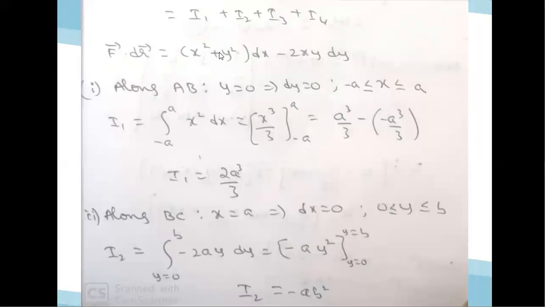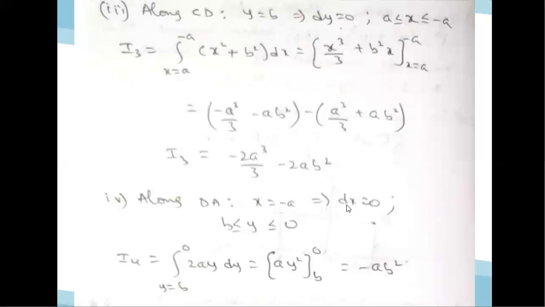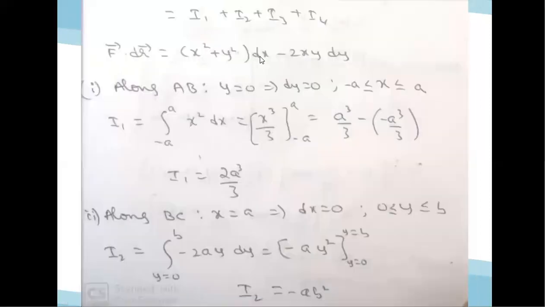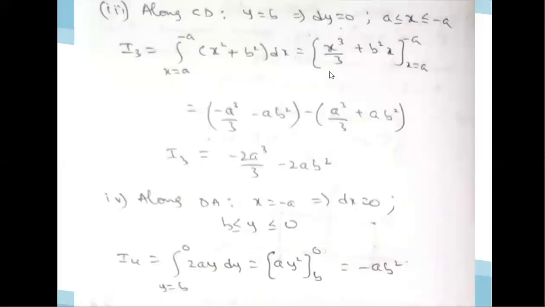So a squared plus y squared into dx. dx is replaced by 0, so the first term vanishes. We get only the second term, that is minus 2ay dy. Minus into minus gives plus 2ay dy. If you integrate with respect to y, you get a y squared between the limits b to 0. Next, if you apply the limits, you get minus ab squared.